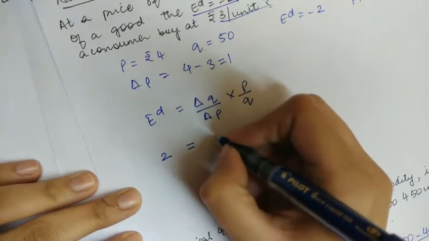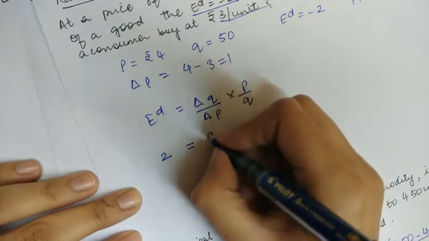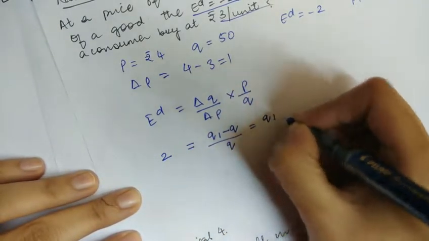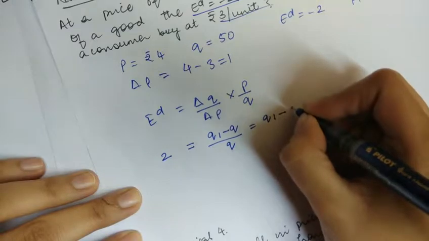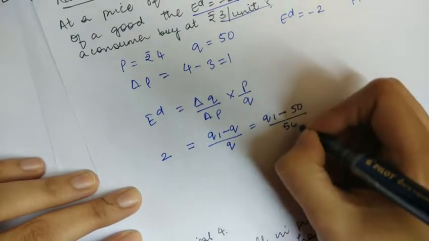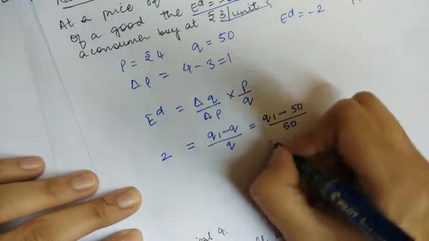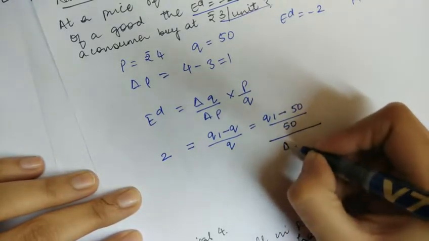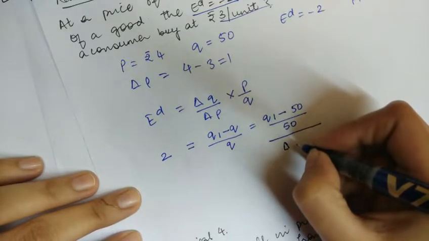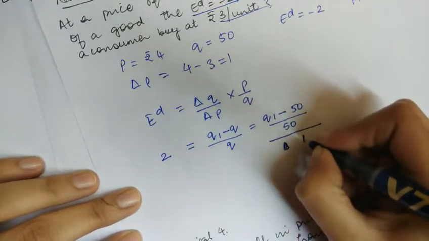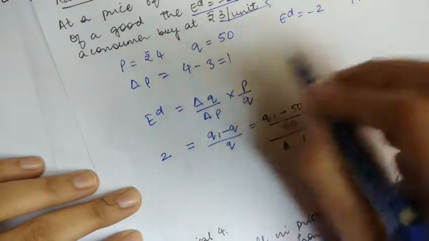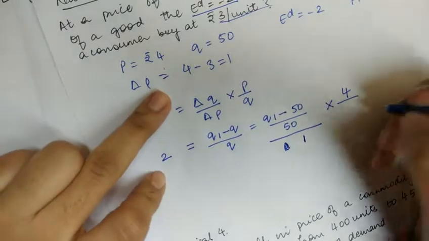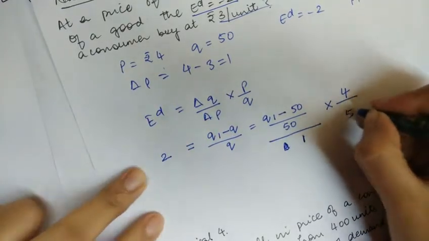Change in Q is unknown, but you know that Q1 minus Q upon Q will be equal to Q1 minus 50 upon 50, upon change in P. What will change in P be? Change in P will be 1 into P, where P is 4, and Q is equal to 50.